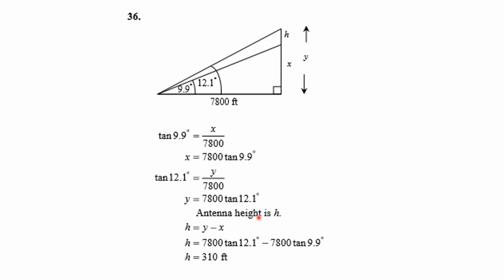Similarly, the tangent of the bigger angle, 12.1, is y over 7,800. The antenna height, of course, is h, but h is going to be the difference between y and x. So h is going to be the difference between those two, and we get that h is 310 feet.